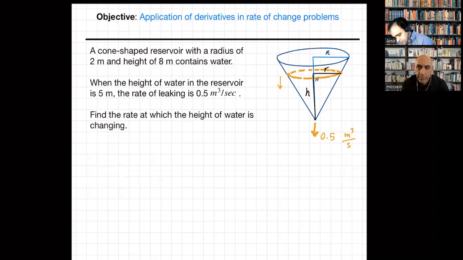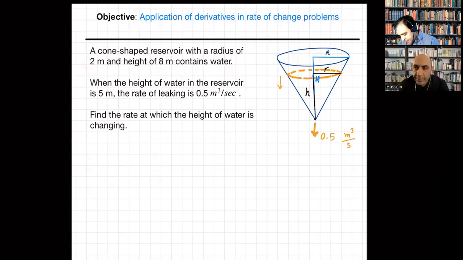And we know that the height of the reservoir is capital H here. Okay, so viewers, pay attention: capital H and capital R are the height and the radius of the reservoir, and the small h and the small r are the height and the radius of the water in the reservoir, and it's changing. Yes, thanks for emphasizing that.